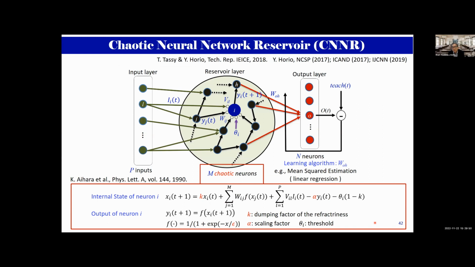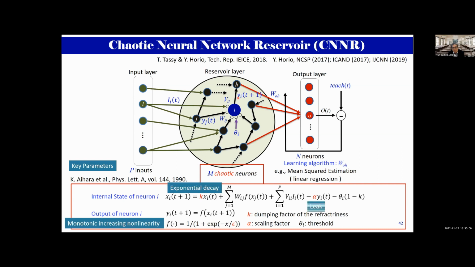Therefore, we proposed a chaotic neural network reservoir, where each neuron in the reservoir layer is simply replaced by the chaotic neuron model shown in this equation.